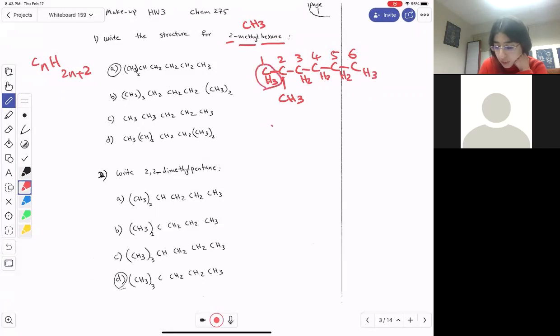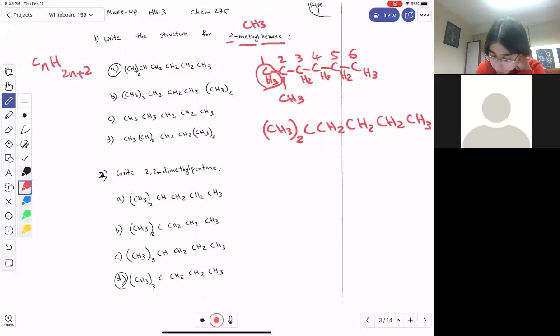So it would be CH3, then at carbon 2 we want 1 hydrogen: CH3, CH, CH2, CH2, CH2, CH3, okay?